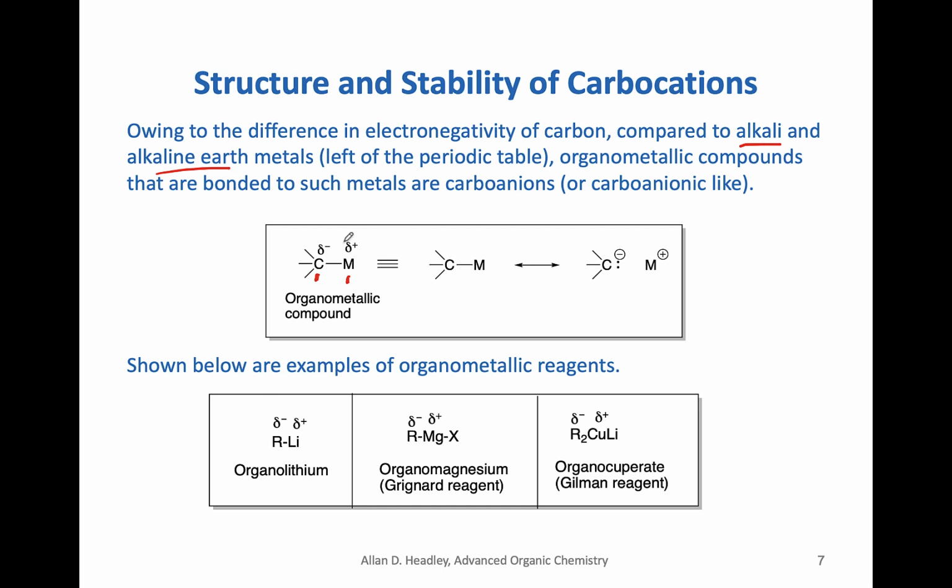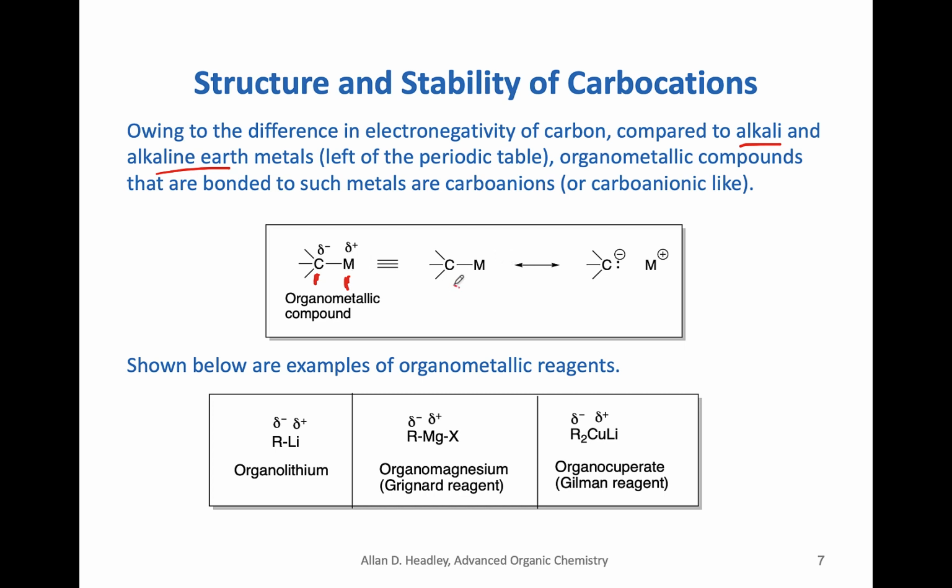So carbon is more electronegative when bonded to M, which is an alkali or alkaline earth metal. In this case we have a bond from carbon to metal M, where carbon is partially negative because carbon is more electronegative than M.